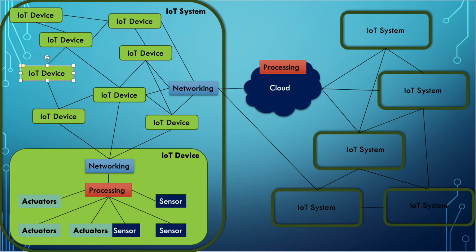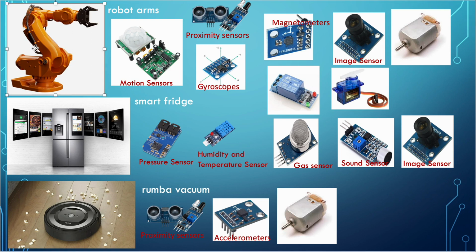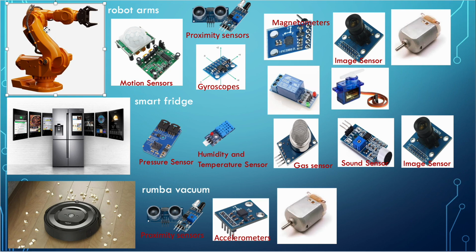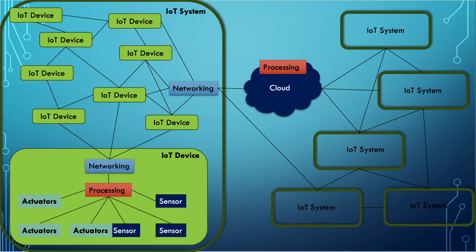Because if you take a robotic arm, or if you take smoke detectors, you don't need to share that data with the internet at all, because you can notify a central location and do the processing. So the data will be processed and commands will be given inside the IoT system itself.